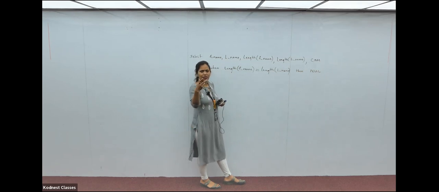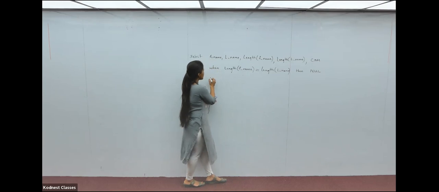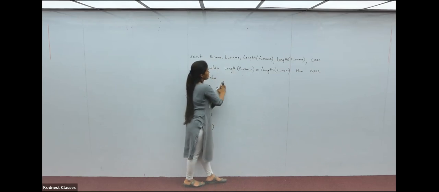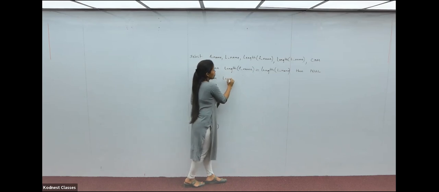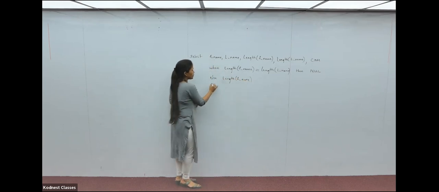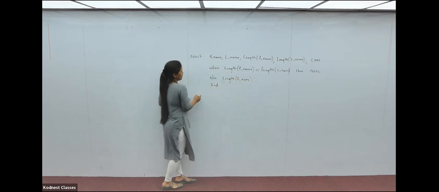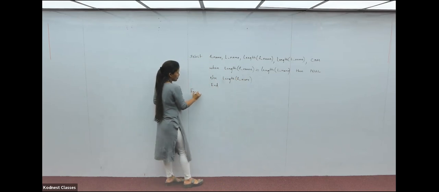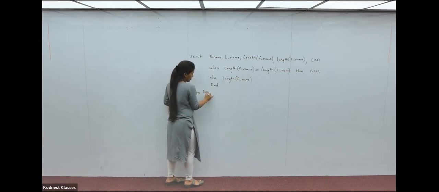Again, is it required to give that condition? Also not required. Then we can just tell else display the length of first name. That is what they have told. And end of this case from EMP table.